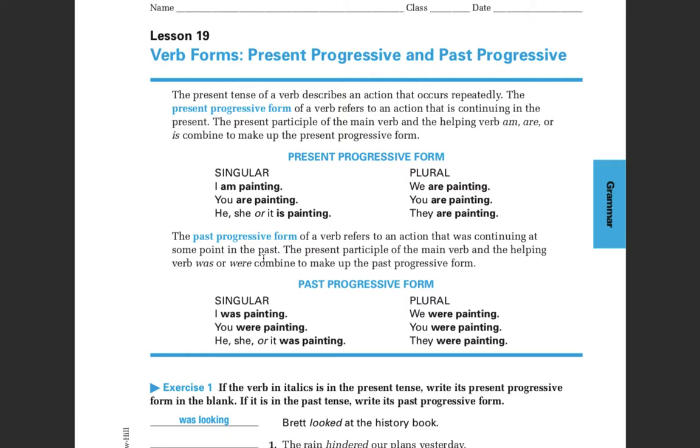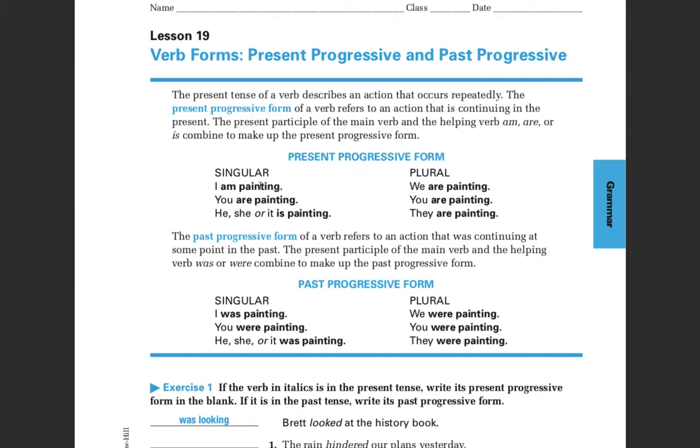Just like the present progressive, it was happening repeatedly, but instead of being in the present, it was happening repeatedly in the past. The present participle of the main verb and the helping verb was or were combined to make up the past progressive form. So how do we form the past progressive? We use either was or were, and of course we add ing to the verb.